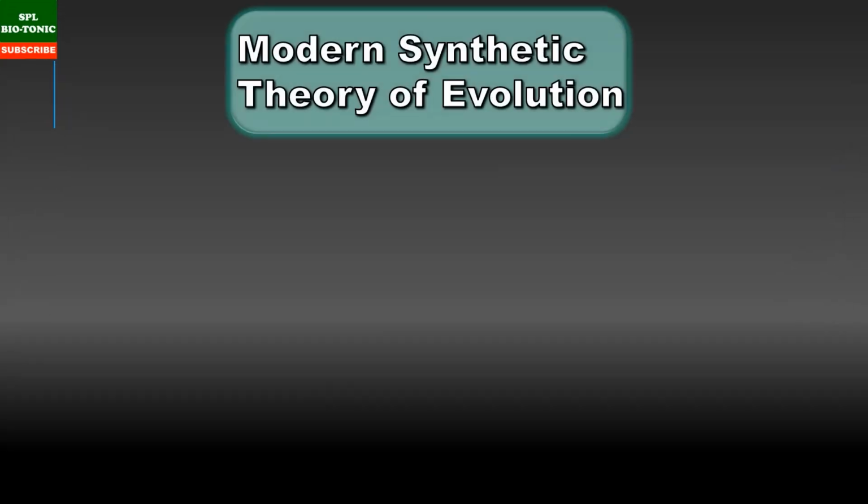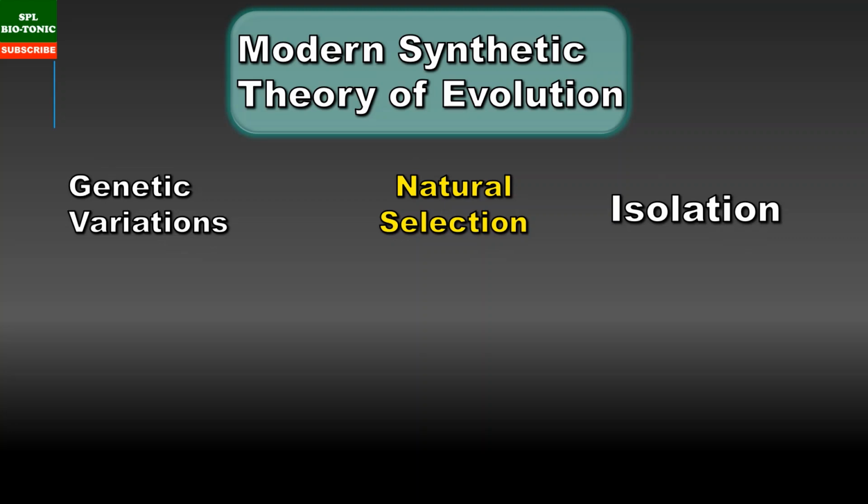Students, evolution is genetic changes in the population over a period of time. So according to this definition, something should happen to drive genetic changes in the organisms. Modern synthetic theory considers many factors which can broadly be divided into three groups: genetic variations, natural selection, and isolation.